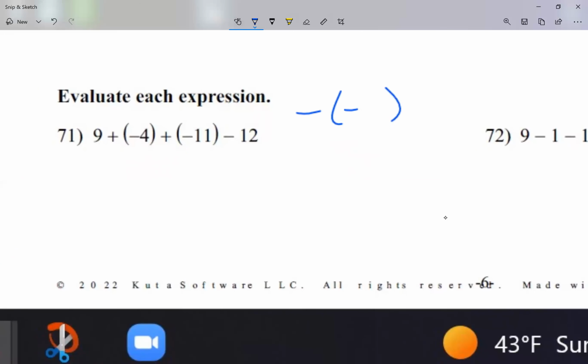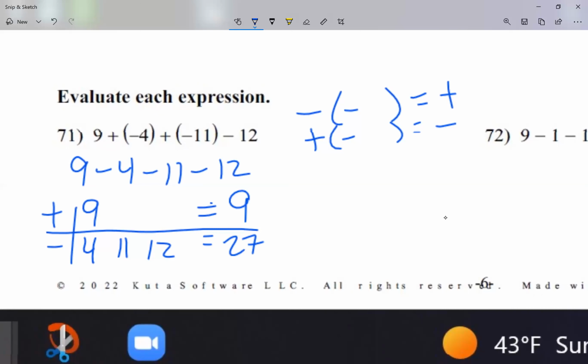So positive 9, negative 4, negative 11, negative 12. Now I'm looking at this as if this was a game, right? Positives and negatives are playing a sport, whatever sport it is. I'm going to add my numbers. When I add all my positives, I just get a 9. When I add all my negatives, 4 plus 11 plus 12, that's going to give me 27.